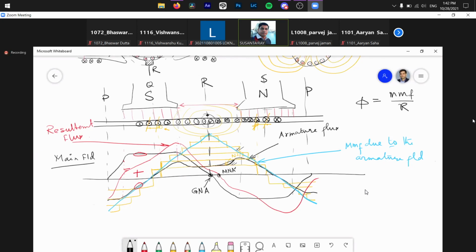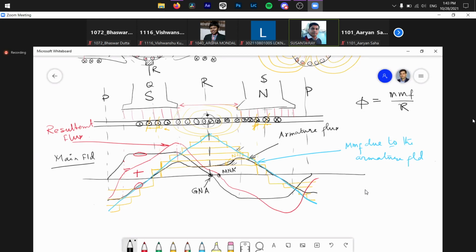What else? Sir, can you please repeat? I didn't understand that. I'm just saying that from this figure, comparing the initial situation when there was no armature reaction and now when we have the armature reaction, what is the difference?